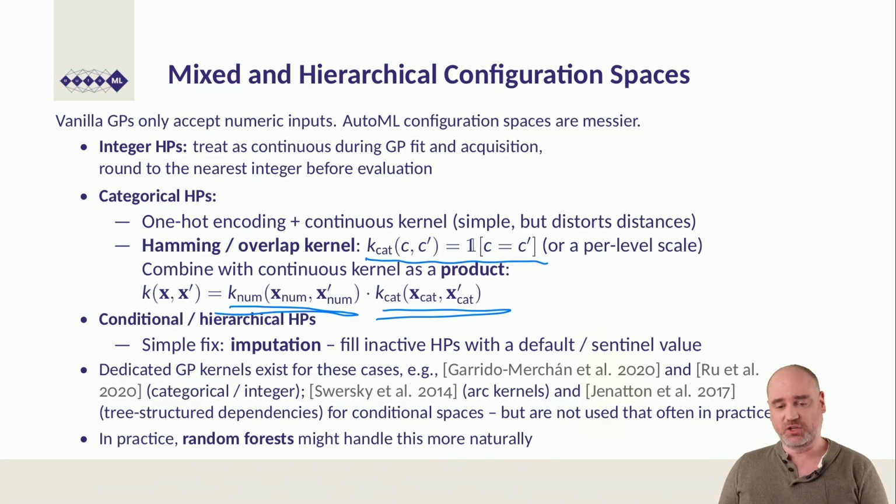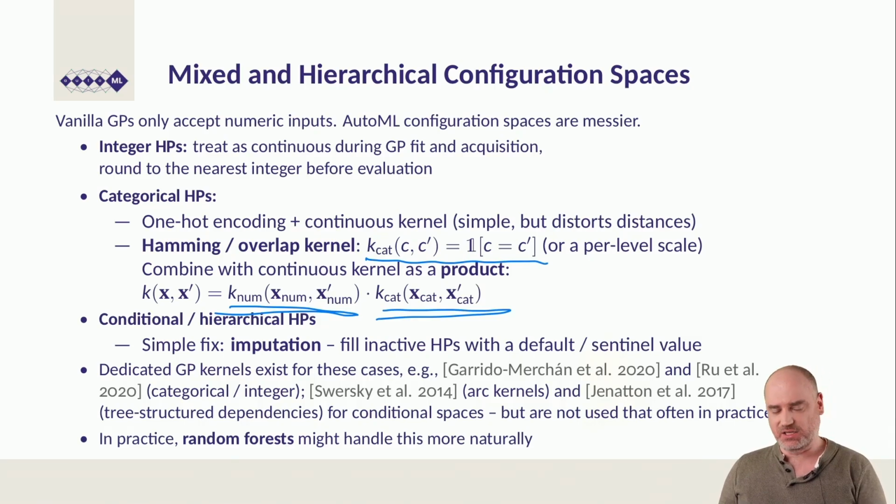If you even have conditional and hierarchical hyperparameters, this is even worse. So you can do a very simple fix by imputing your non-active hyperparameters with a default or a sentinel value, something like this. Usually this does not work too well with Gaussian processes. I think this conditional hierarchical stuff is also not even implemented in, for example, toolboxes like BoTorch.